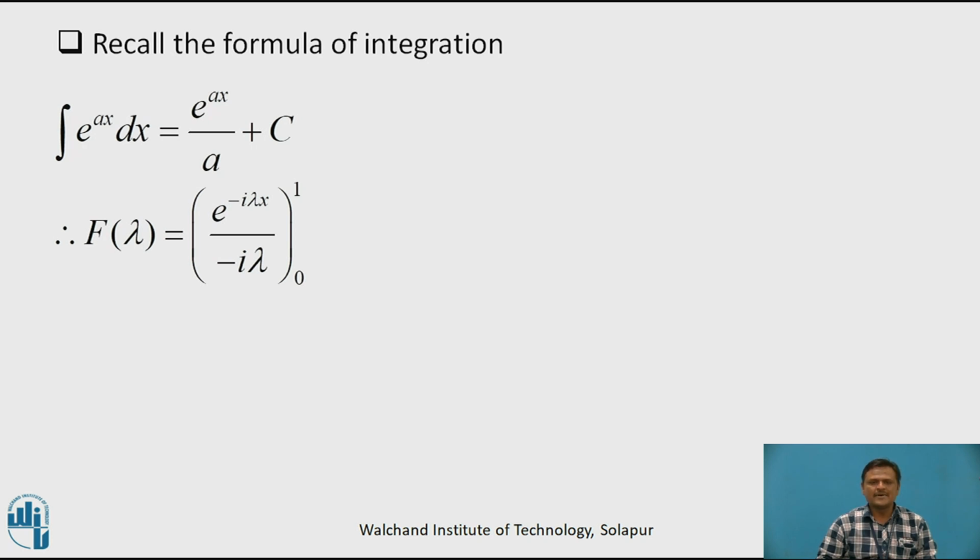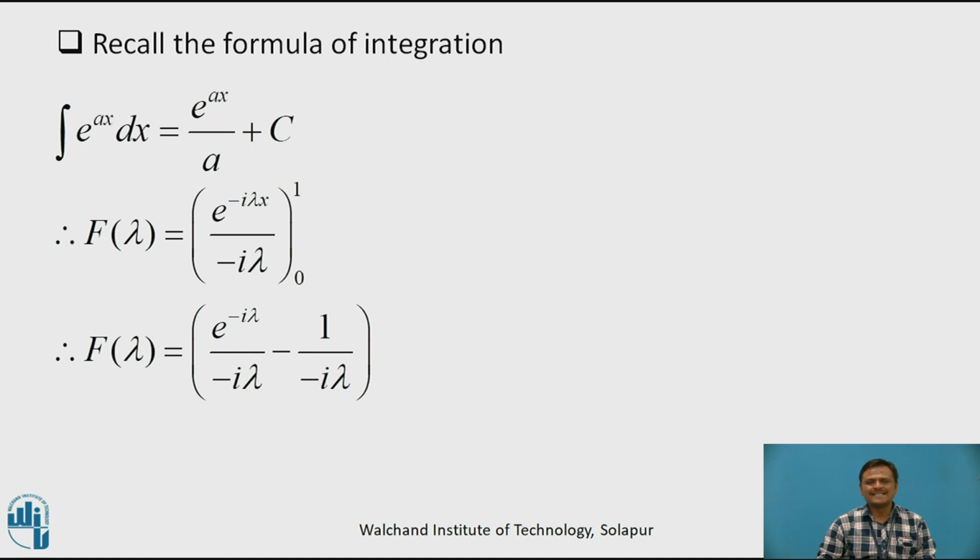Now putting the upper limit and the lower limit in this step, we get F of lambda; x equal to 1 is our upper limit. So putting the upper limit, we get e to the power minus I lambda upon minus I lambda, and then minus of lower limit substitution gives us 1 upon minus I lambda, because e to the power 0 is 1.